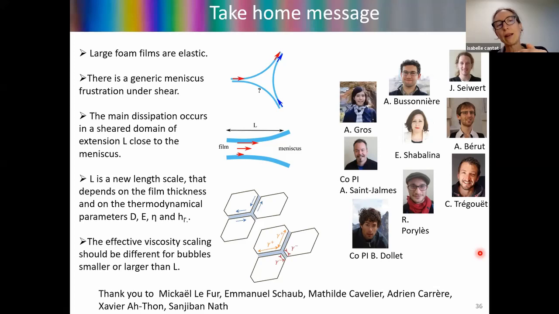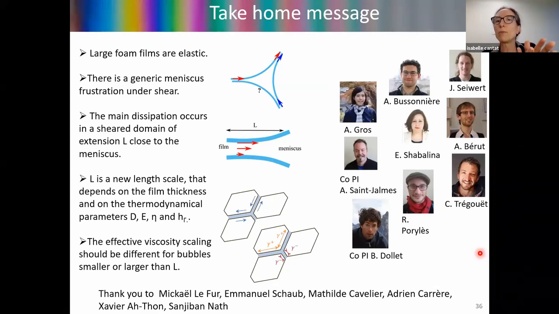I would say that everything that happens before the contact between the two menisci can be relatively static, or at least it goes at the rate imposed by external constraints.